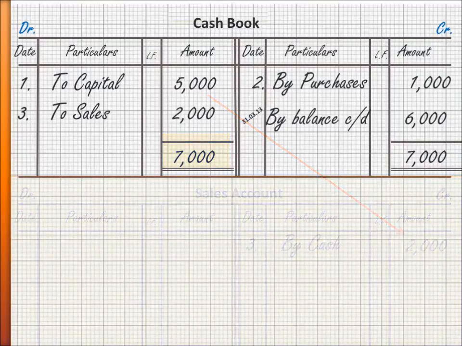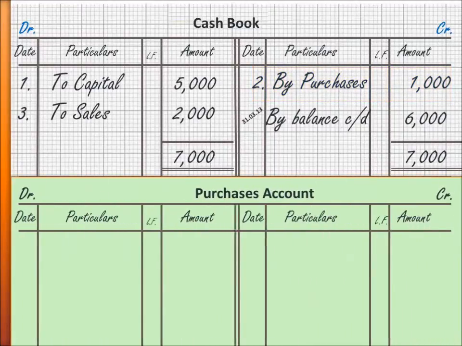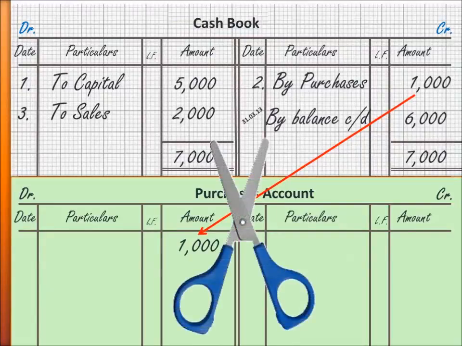Now come to the credit side. By purchases 1,000. It means cash account has been credited by rupees 1,000. So purchases account has been debited by rupees 1,000. So come to the debit side of the purchases account, rupees 1,000. Again, we are applying the principle of scissors. You know, there are two blades of scissors.